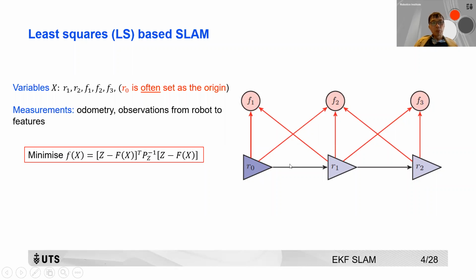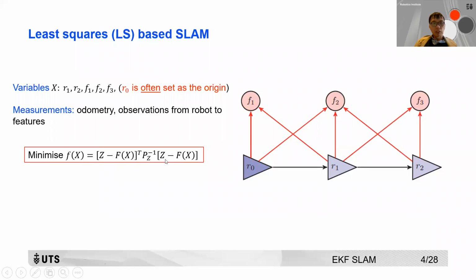If we formulate this problem as a least square problem, what we normally do is set R0 as the origin, so R0 is not in the state vector. The variables are R1, R2, feature 1, feature 2, and feature 3. The measurements we have are odometry from R0 to R1, R1 to R2, and all the observations from robot poses to features. So we can formulate this problem as a least square problem.